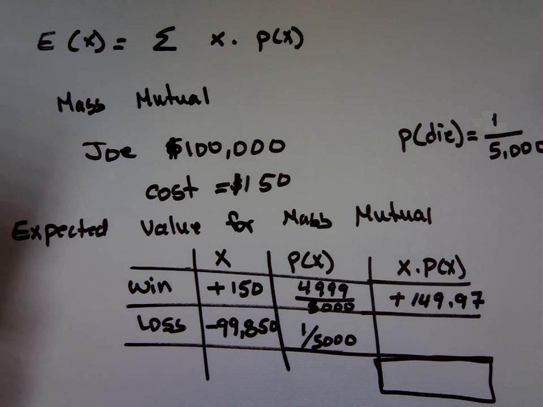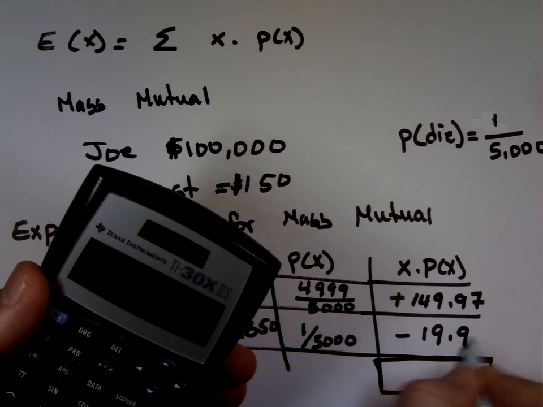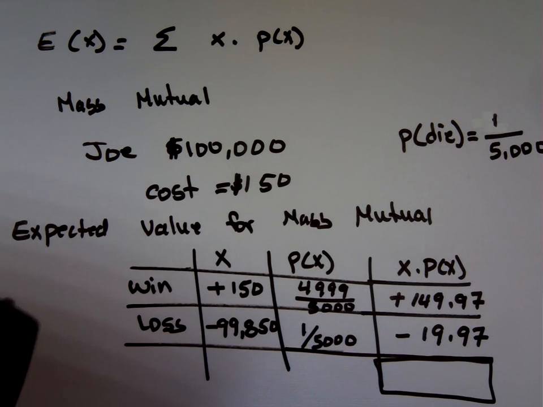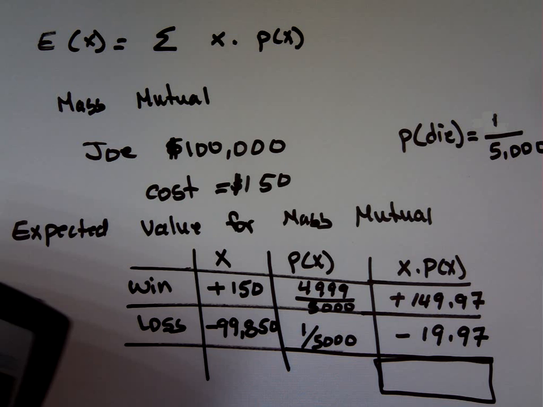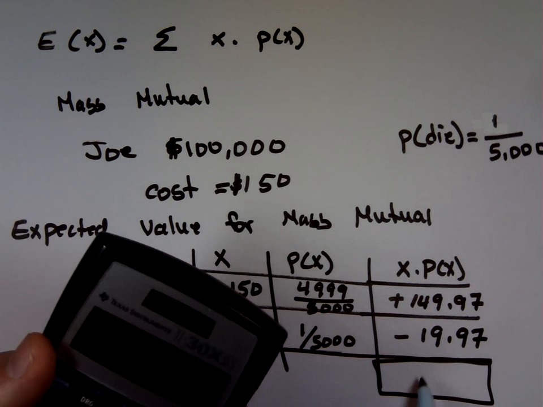Let's look at the negative value. Negative 99,850 divided by 5,000. That number is negative 19.97. So what's this number? 130.